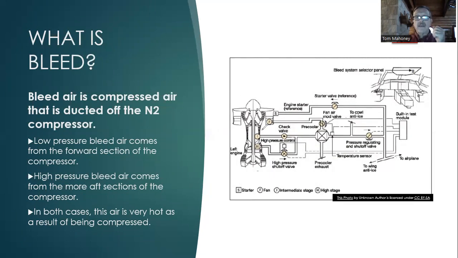So here's our compressor right in this area. And this little item right here is what we call the location for the low bleed air pressure. And we have a high bleed air pressure takeoff.